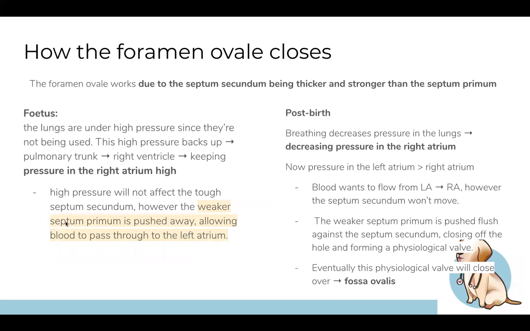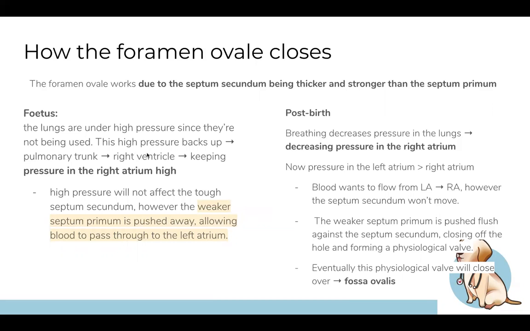Okay, so the foramen ovale works because that's thicker than that one. In your fetus, your lungs are under quite high pressure because they're not being used. So if you can imagine, your lungs have high pressure. This backs up to the pulmonary trunk, which backs up to the right ventricle, which backs up to the right atrium.